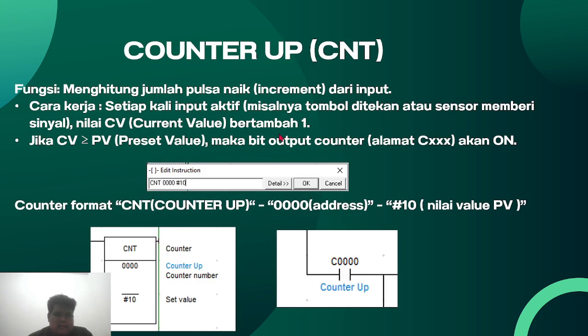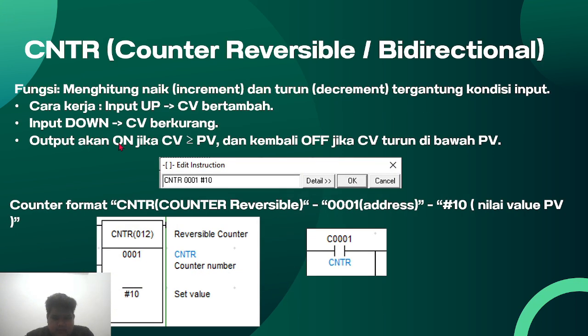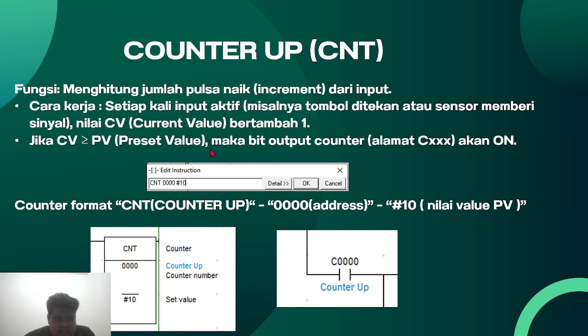Okay, we go to the next slide. The next slide is the counter up or CNT. The function of this instruction is to count the number of rising pulses from the input. The working principle is that each time an input is active, for example when the button is pressed or a sensor sends a signal, the CV or current value will be increased by 1.